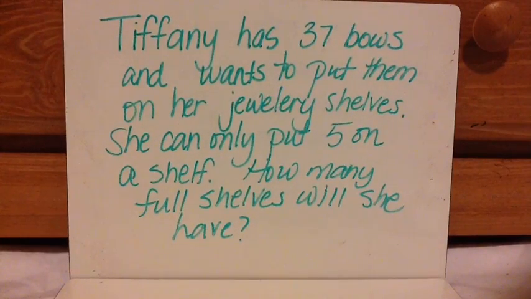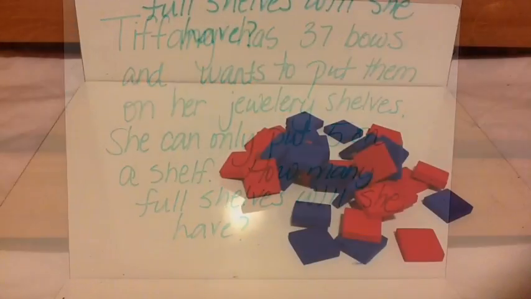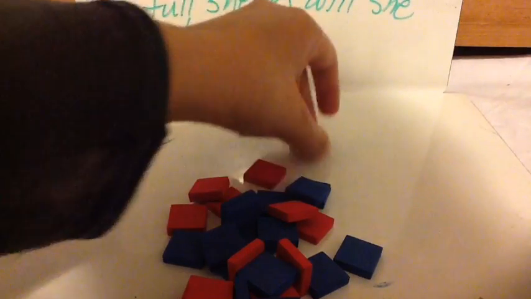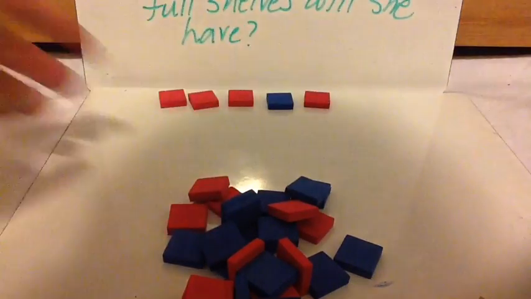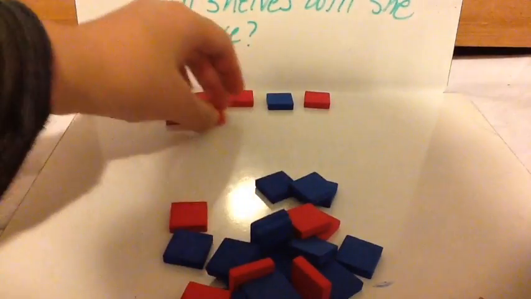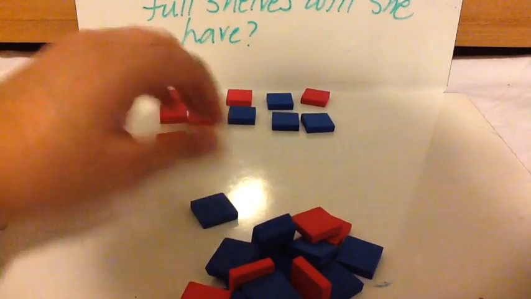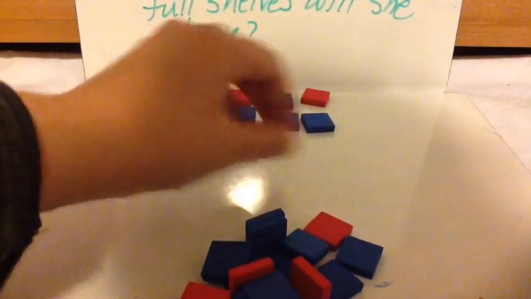So let's get out 37 tiles. So here's 37 tiles that represent bows, and only 5 can go on a shelf. So 1, 2, 3, 4, 5. There's one shelf. 1, 2, 3, 4, 5. There's a shelf. 1, 2, 3, 4, 5.